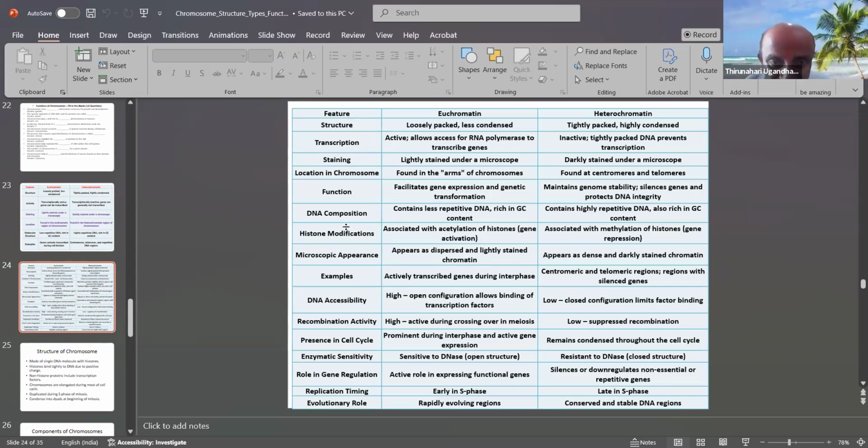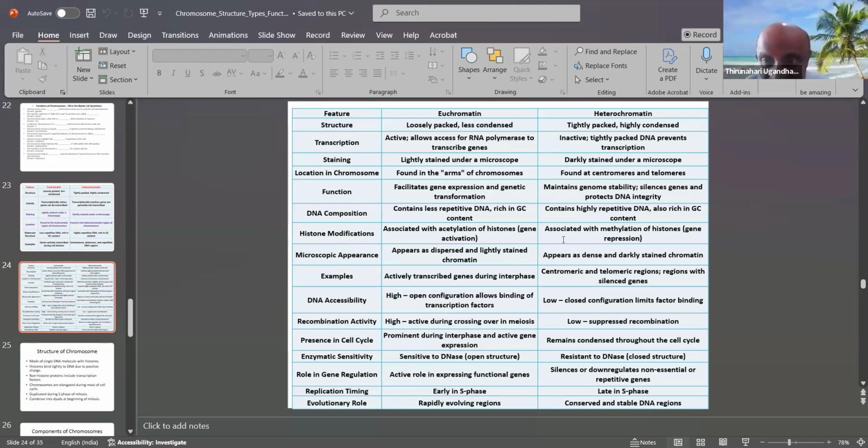The DNA components contain repetitive DNA. Histone modifications: euchromatin is associated with acetylation of histones, meaning gene action. This is the histone modification process.